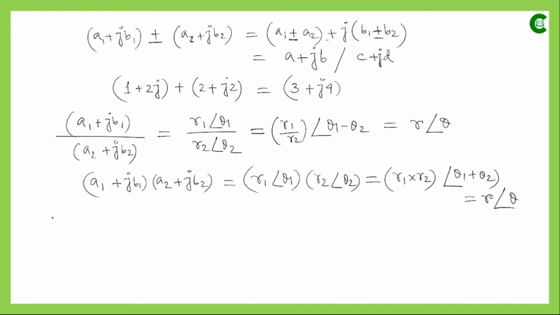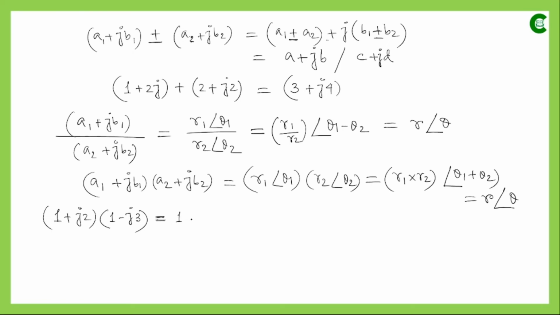Now suppose these two values, 1 plus j2 and 1 minus j3, are given in rectangular format, and we want to multiply them. Still we can do it this way. It is simply the rule of multiplication that we know.